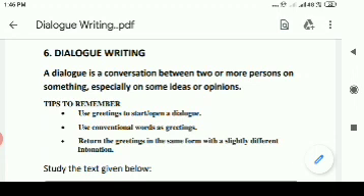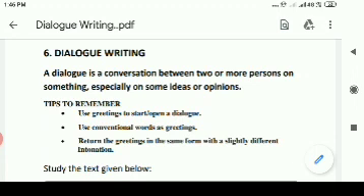Otherwise, if you try to open a dialogue without greetings, it won't suit, it becomes very informal. Dialogue is considered to be formal as well as informal, or can be casual, etc. But the best way is to use greetings to start the dialogue.